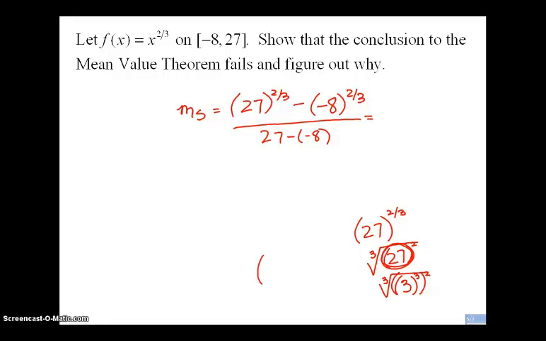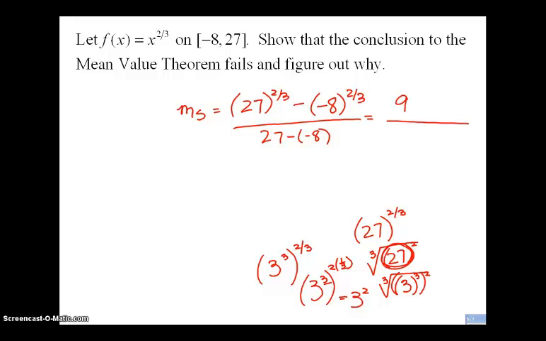So we have 3 cubed to the 2/3. That's 3 cubed to the 2 times 1/3. When you raise a power to a power, you multiply. So the result is just going to be 3 squared, because we get rid of the cube root. So the first part up here is 9.